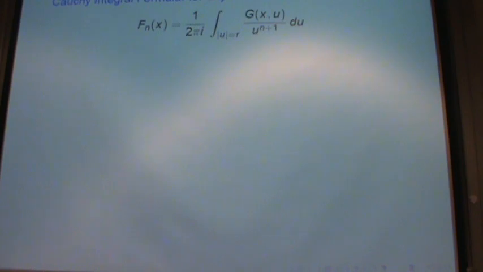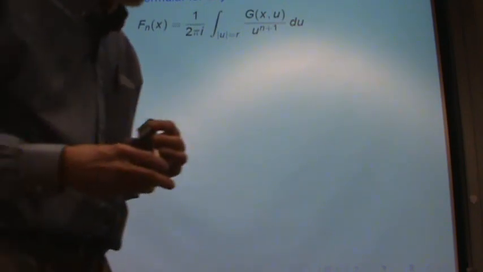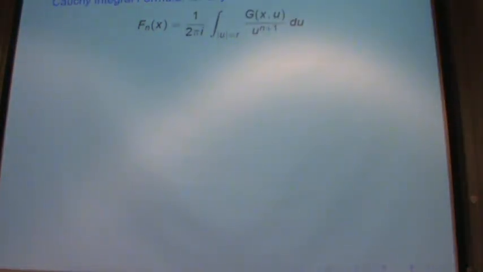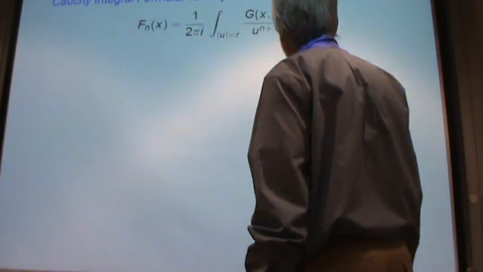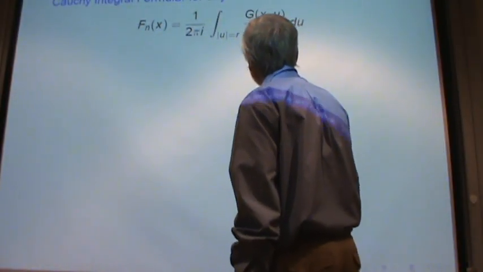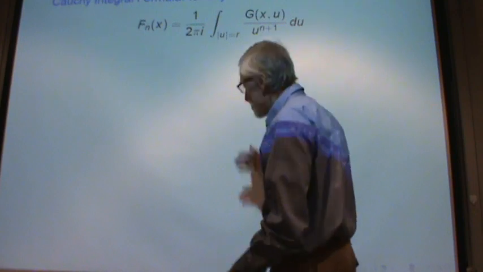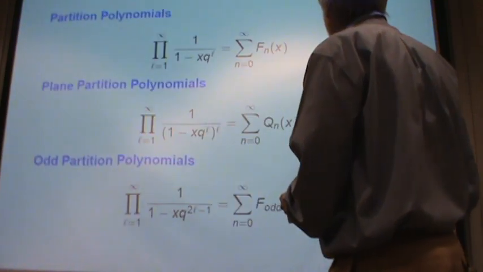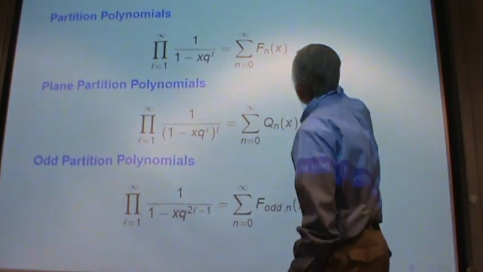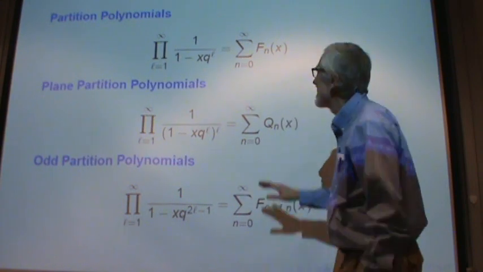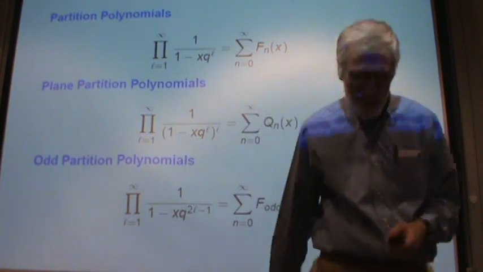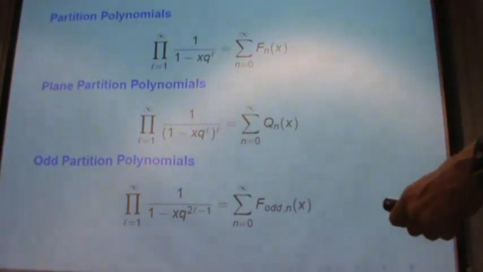Okay. So the circle method, the name comes about from applying the Cauchy integral formula to the generating function. So just take the generating function. Right.